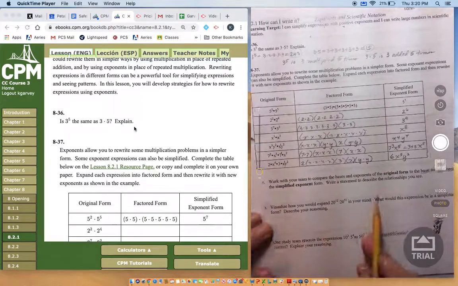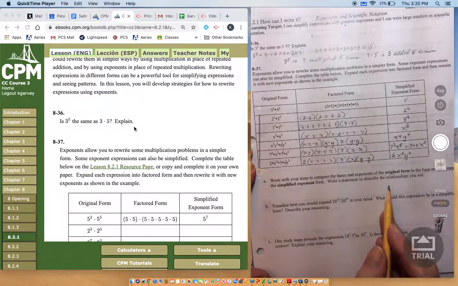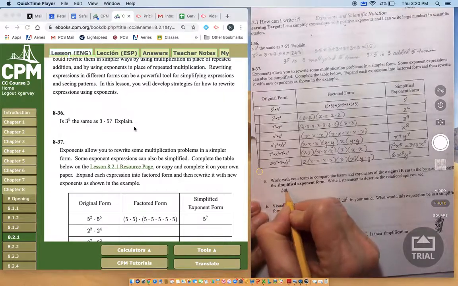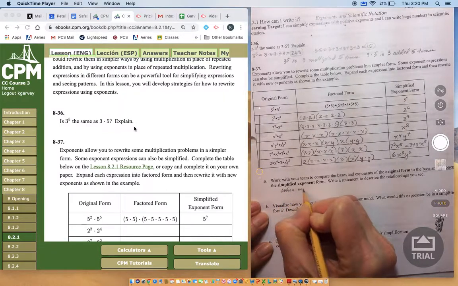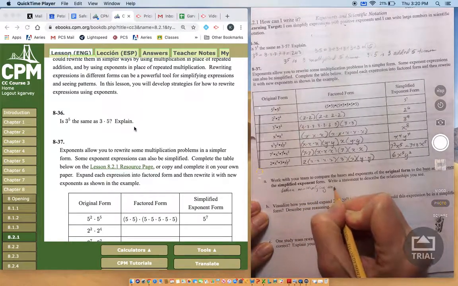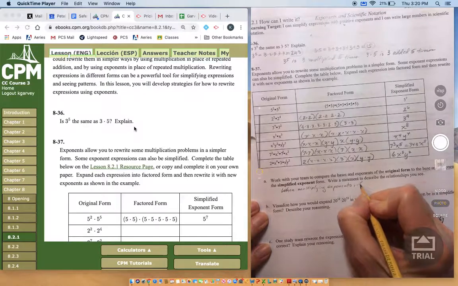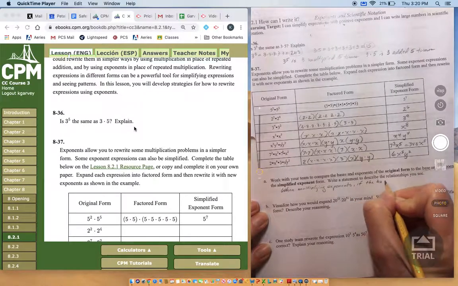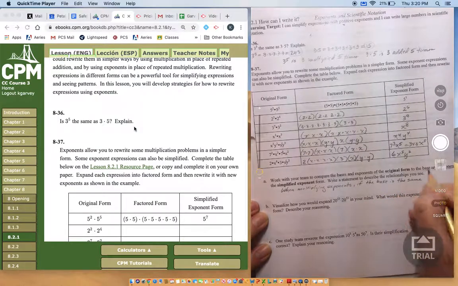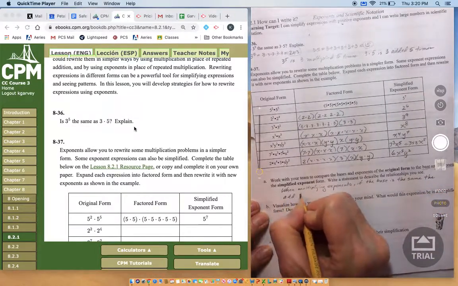So you noticed all of those patterns. So if you were to write a statement, you would say, when multiplying exponents, if the base is the same, then add the exponents.